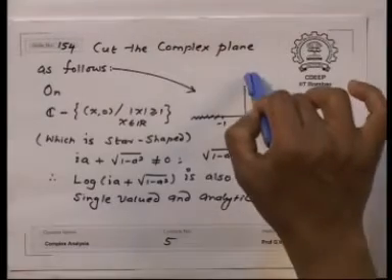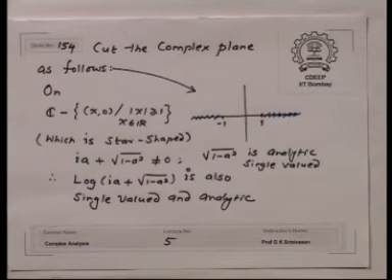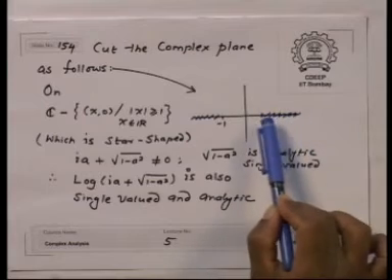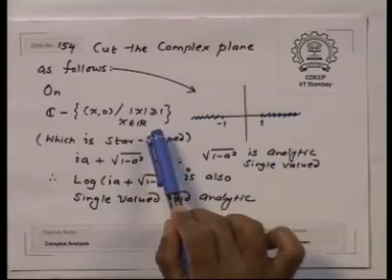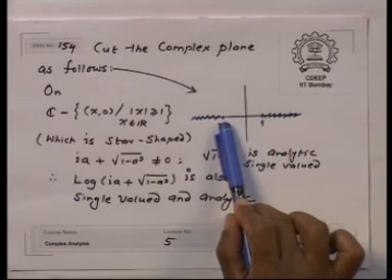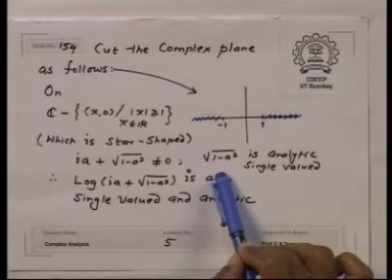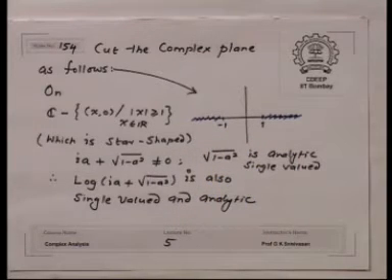This region is star shaped with respect to the origin. So now, first of all, where is 1 minus a squared 0 here? After I make these two cuts, 1 is gone and minus 1 is gone. So 1 minus a squared is not 0.